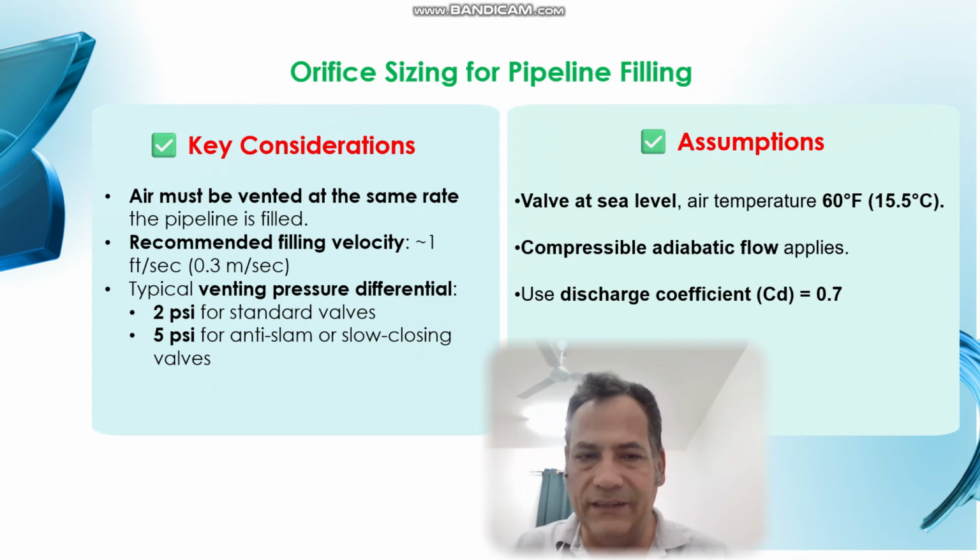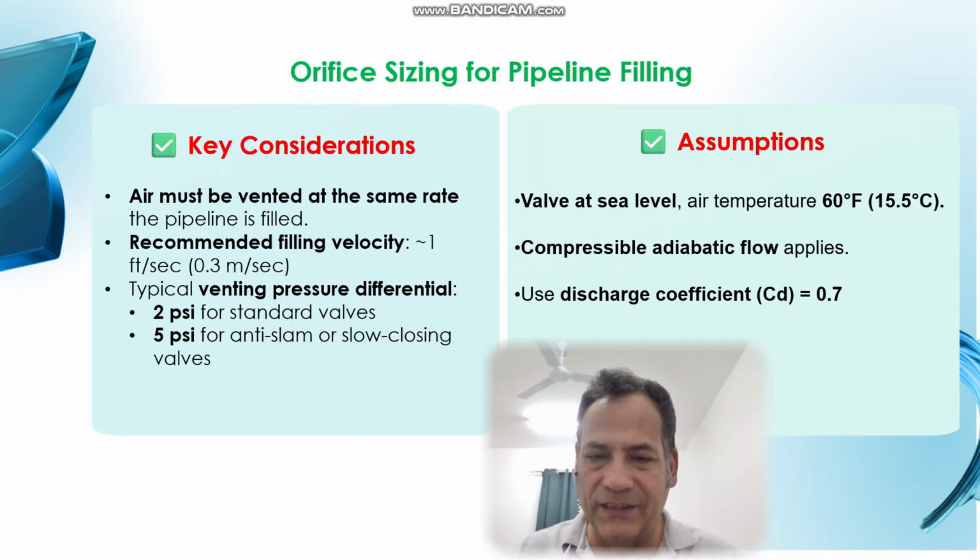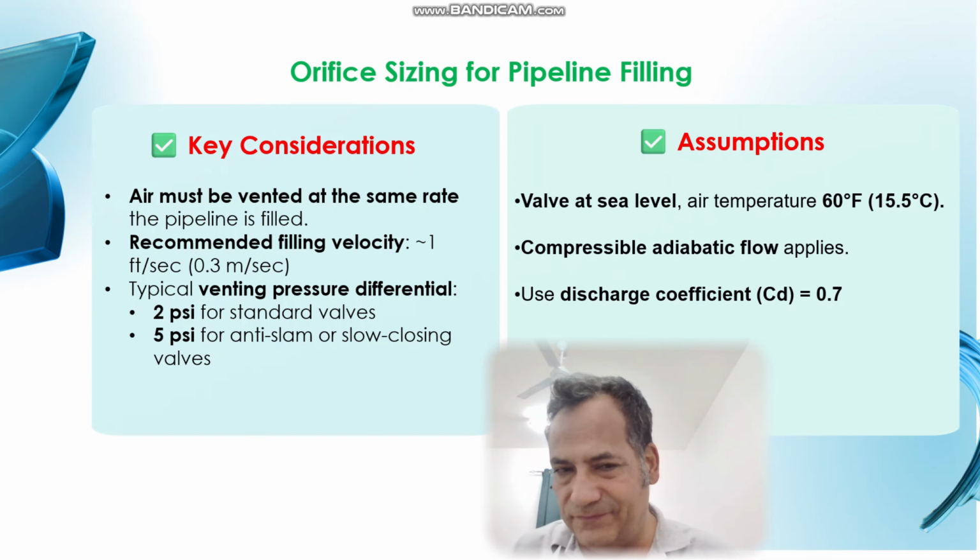And typically the venting pressure differential will be between 2 psi for standard valves and 5 psi for a slow closing valve.